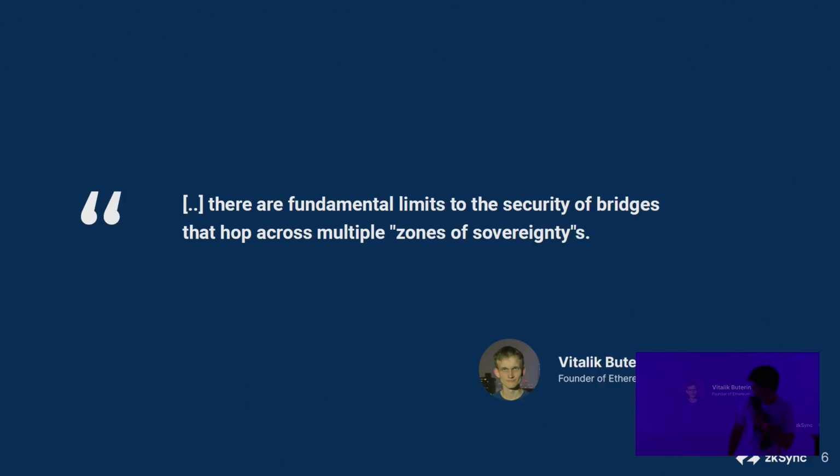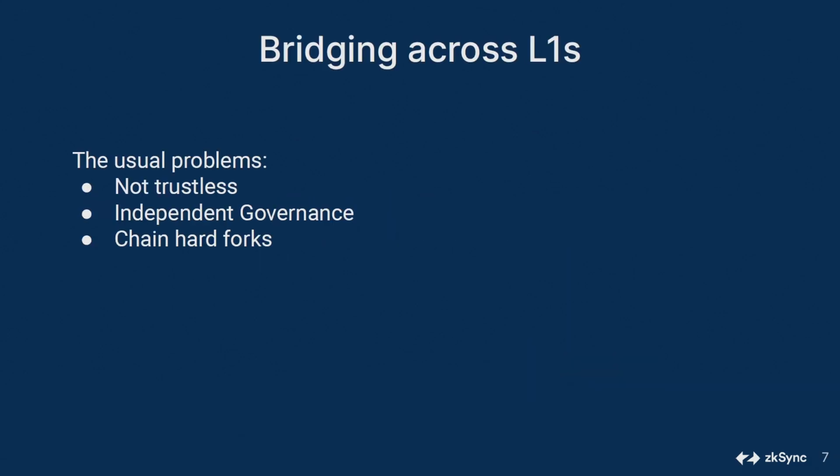Vitalik posted about this: there are fundamental limits to the security of bridges that hop across multiple zones of sovereignty. So why is this? It's very hard to generalize across bridges, but the usual problems are that usually they are not trustless. There are atomic swaps that are trustless, but those cannot be used for general message passing.